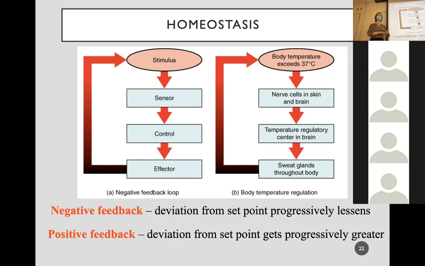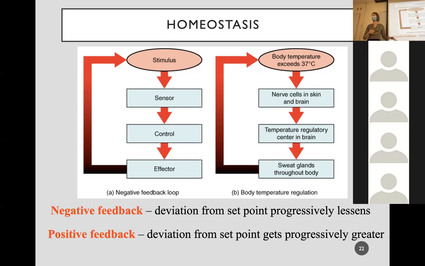Positive feedback loops don't keep us within this nice happy range. A positive feedback loop basically leads to greater and greater response in the same direction. A negative feedback loop brings that response back towards the set point. So that's a simple breakdown and a reminder of the difference between negative and positive feedback.